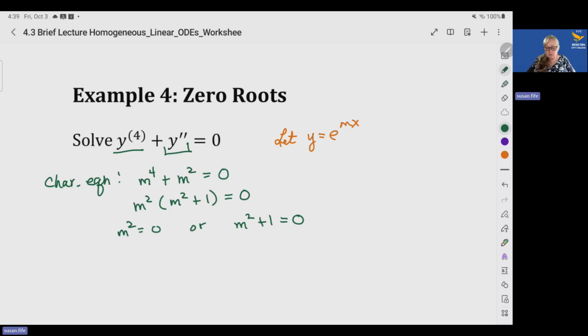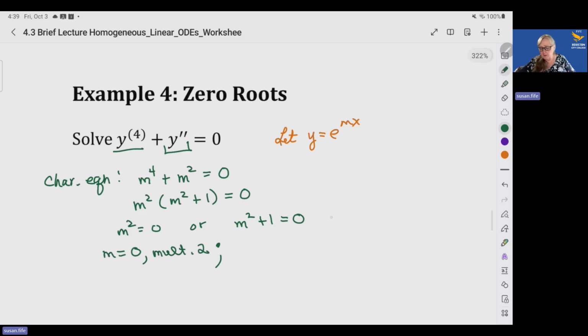From m squared equals 0, you're going to get m equals 0, multiplicity 2. From m squared plus 1 equals 0, you're going to get m squared is equal to negative 1.